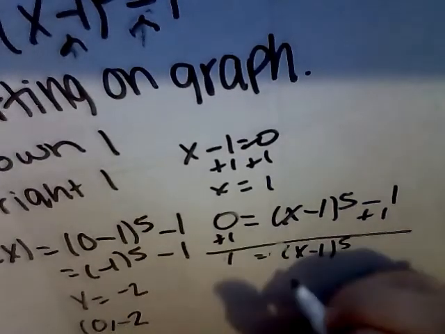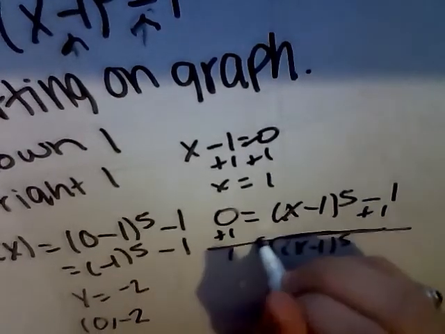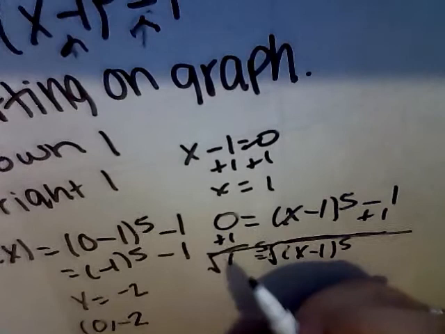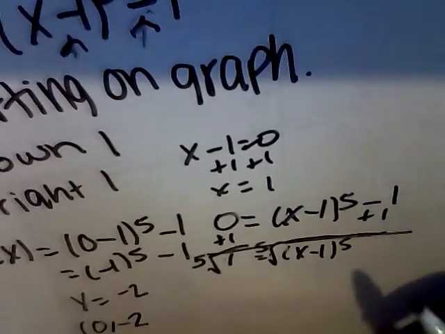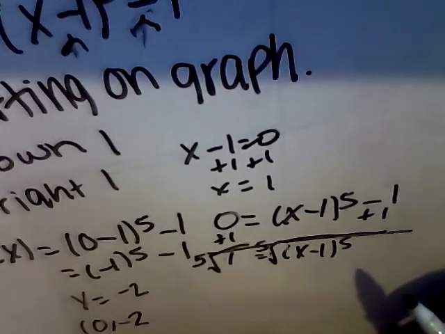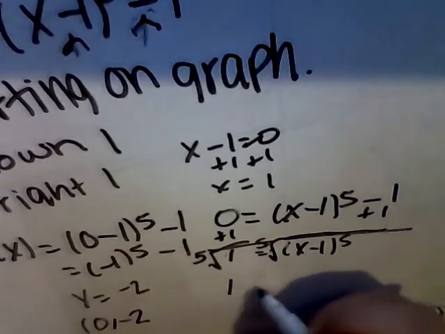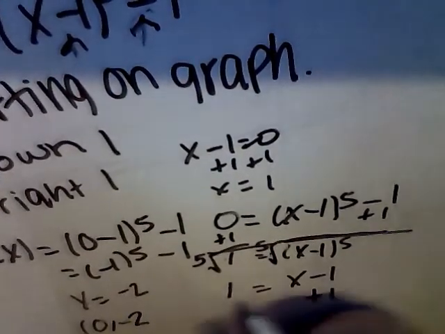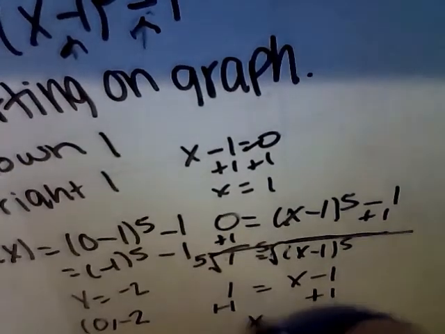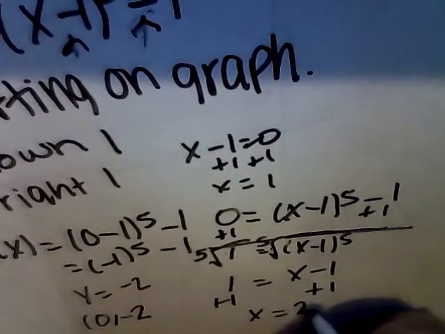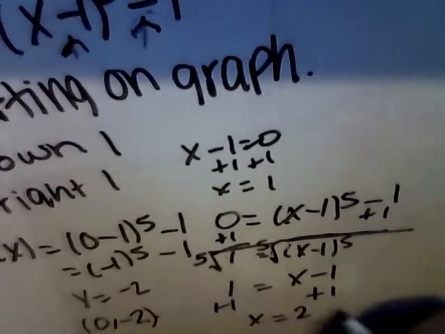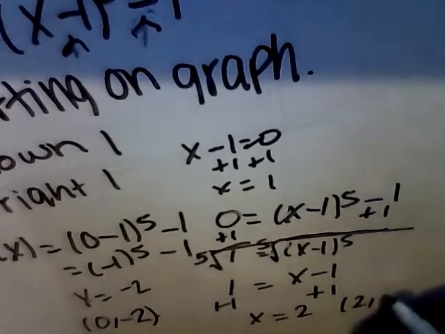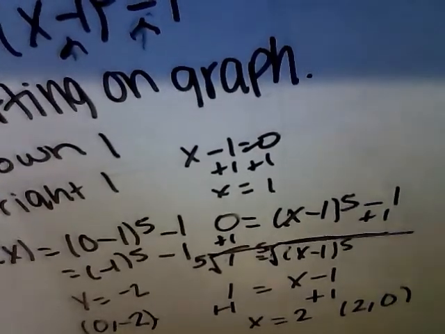We're going to take the fifth root of both sides. This is still going to be 1, and this is going to be x minus 1. Add 1 to both sides. X equals 2. So the intercept for this one is 2 comma 0.